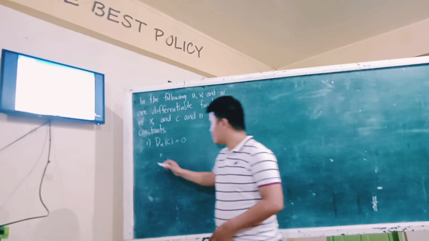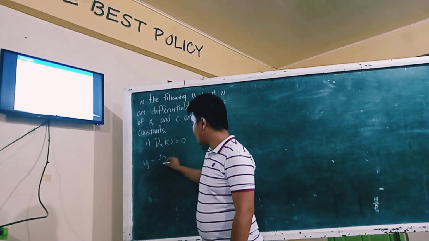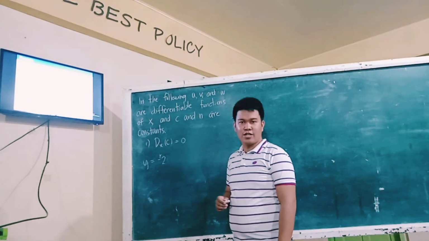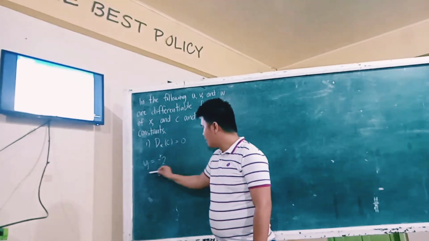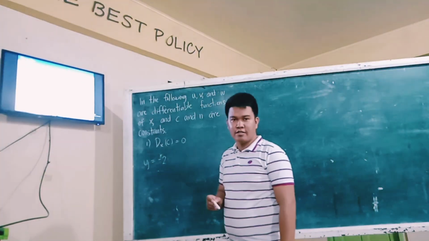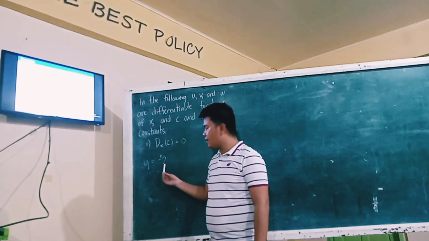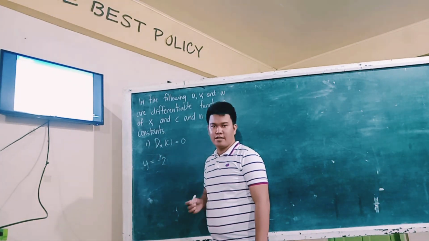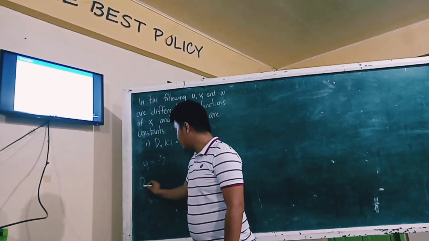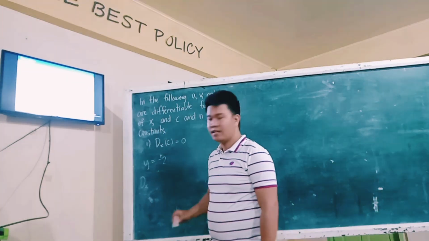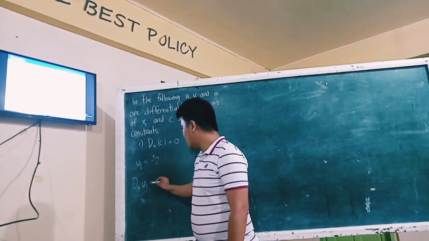So here's an example. Suppose we have a function, say y is equal to negative 2. In this case, this is a constant function. To differentiate, we need to differentiate both sides of this equation. First, we write the symbol for differentiation, which is d/dx, and then follow with y is equal.